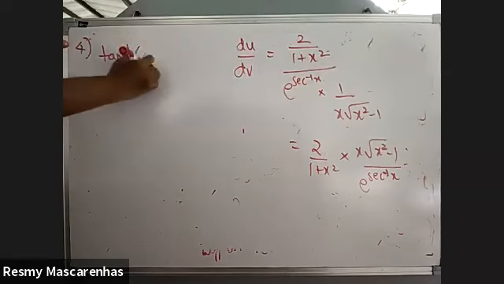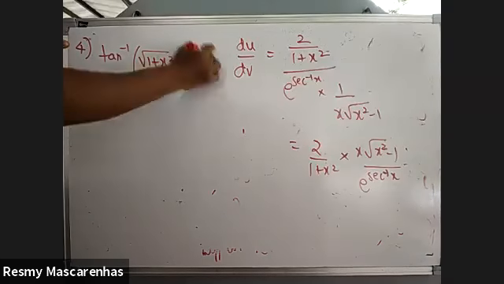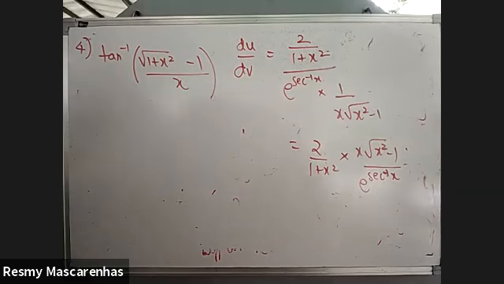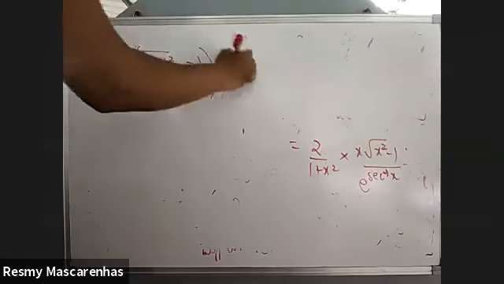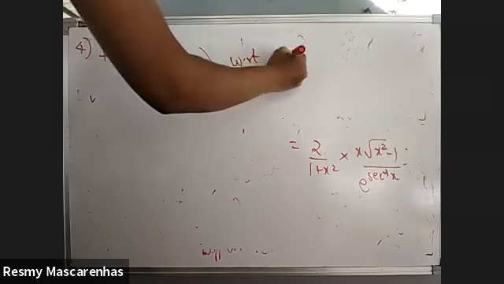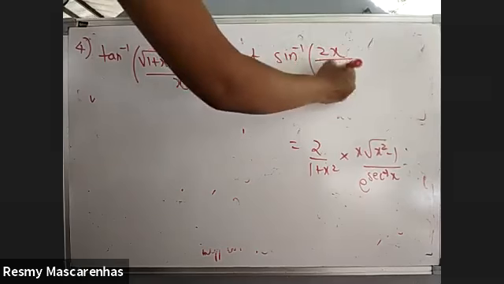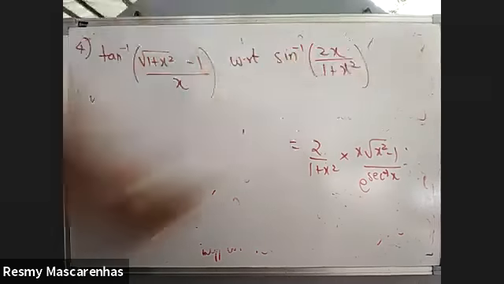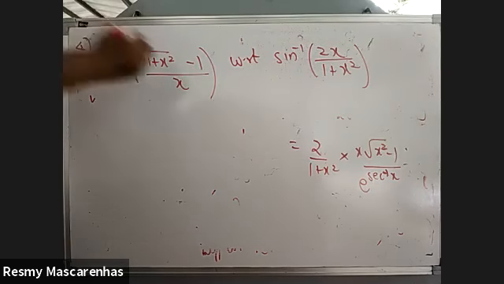Tan inverse of root of 1 plus x square, with respect to sine inverse of 2x upon 1 plus x square. This is 1 plus x square.